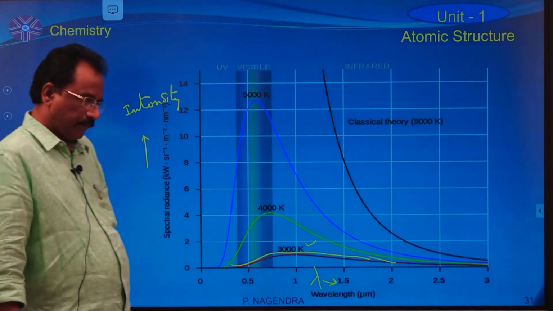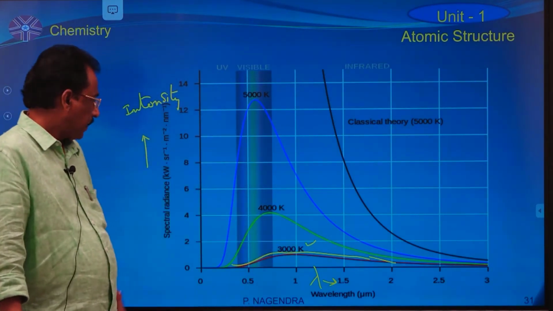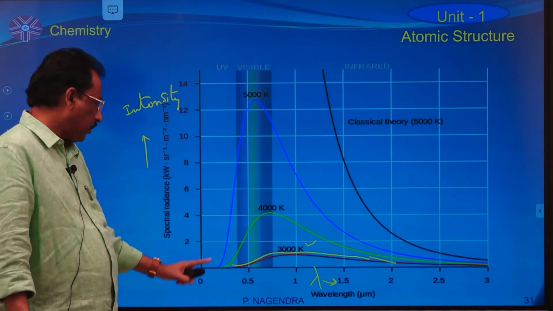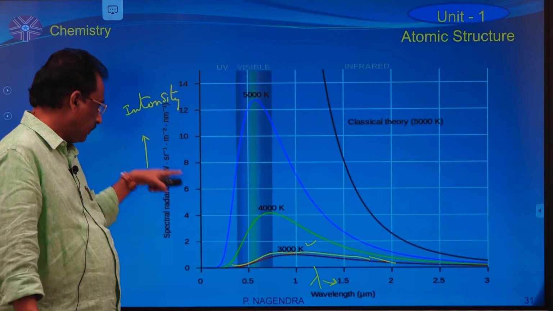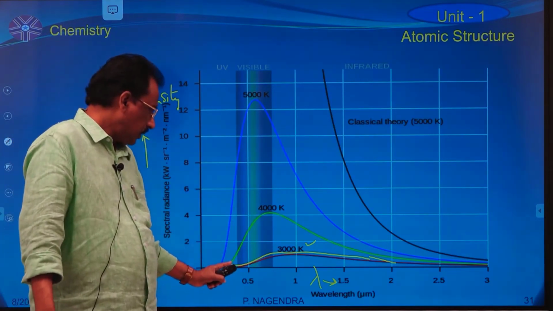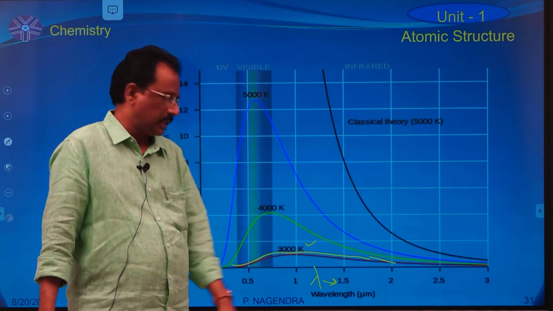That means when wavelength increases, the intensity of the radiation emitted by a black body also increases to a certain maximum and then decreases.